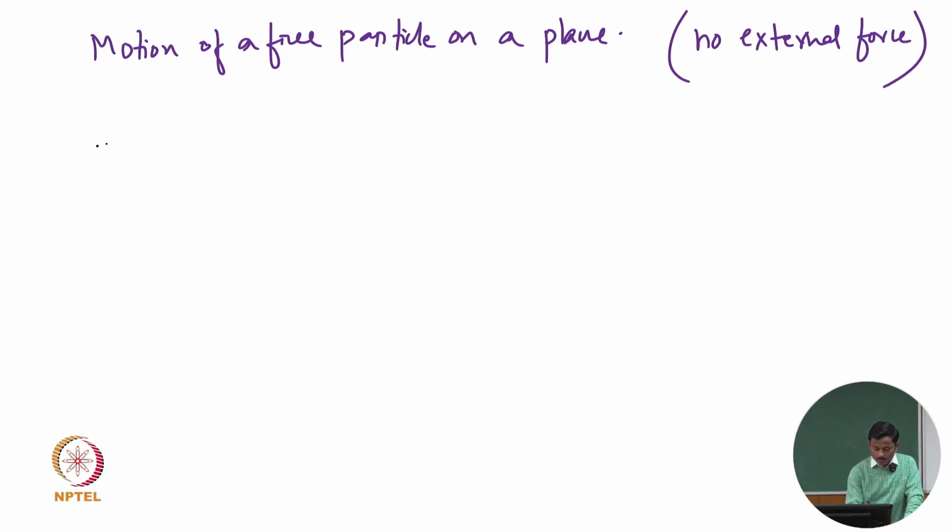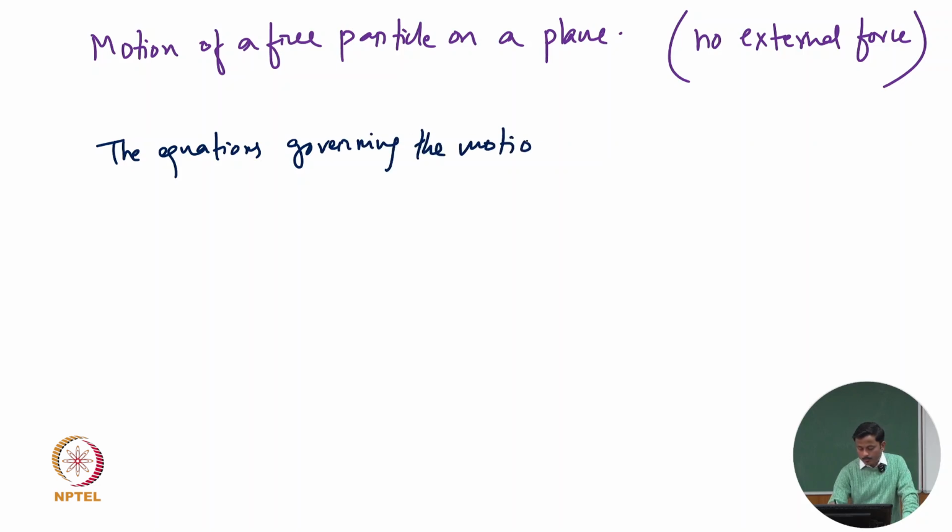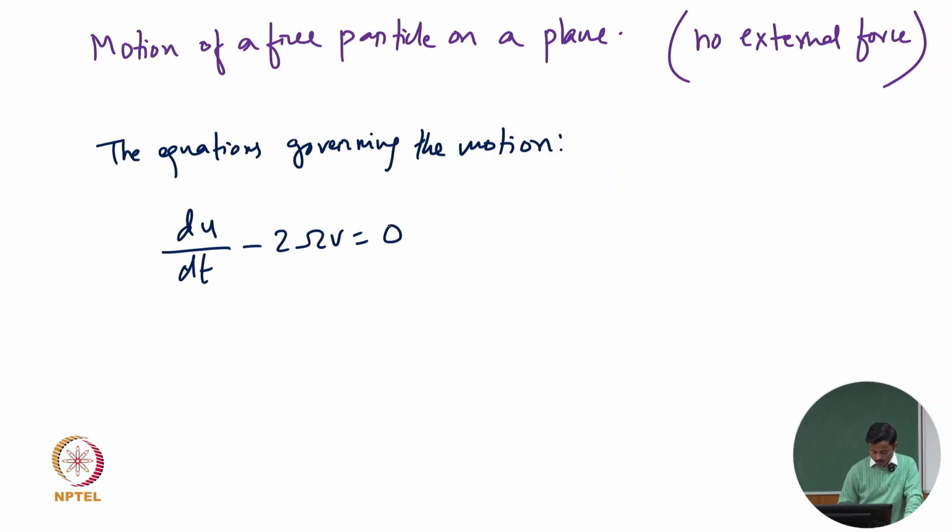Now the equations governing the motion are du by dt minus 2 omega v equal to 0.